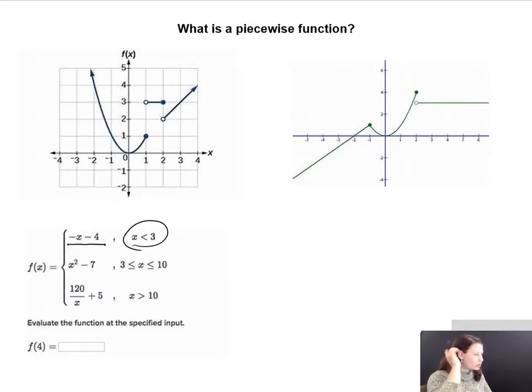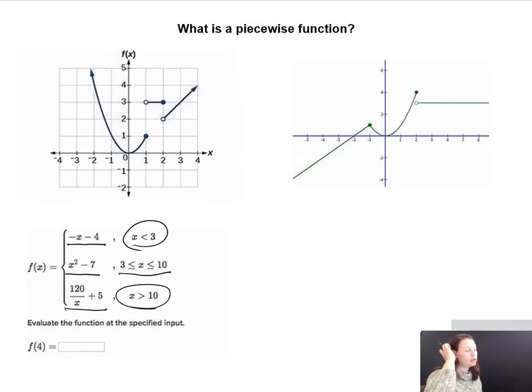Then x squared minus 7 is the next one, but that's 3 to 10 with closed circles at 3 and 10, because it's included, it's or equal to. Then we have 120 over x plus 5, only greater than 10. So it's just pieces of a function located on different sections of the graph.